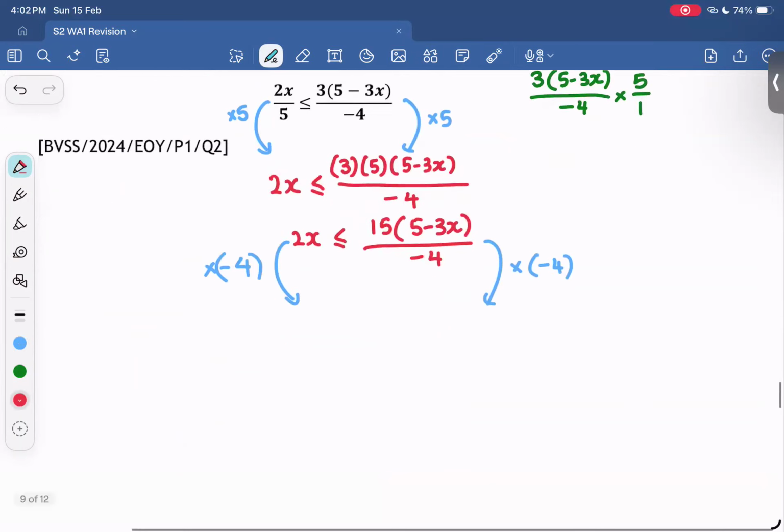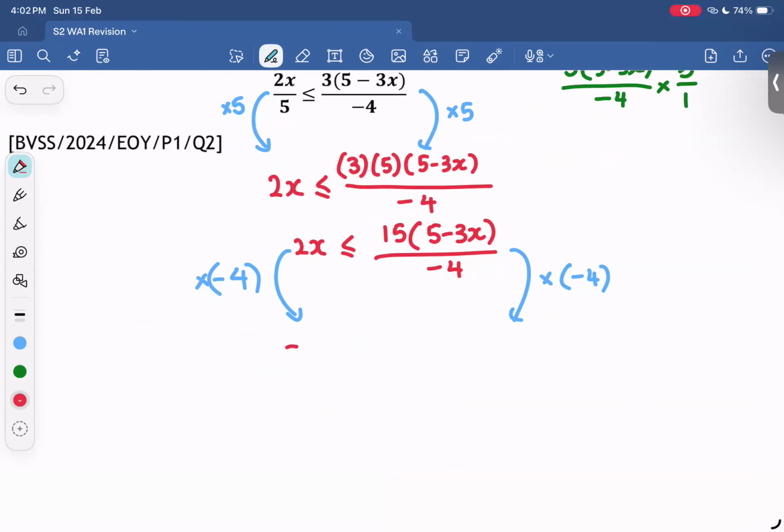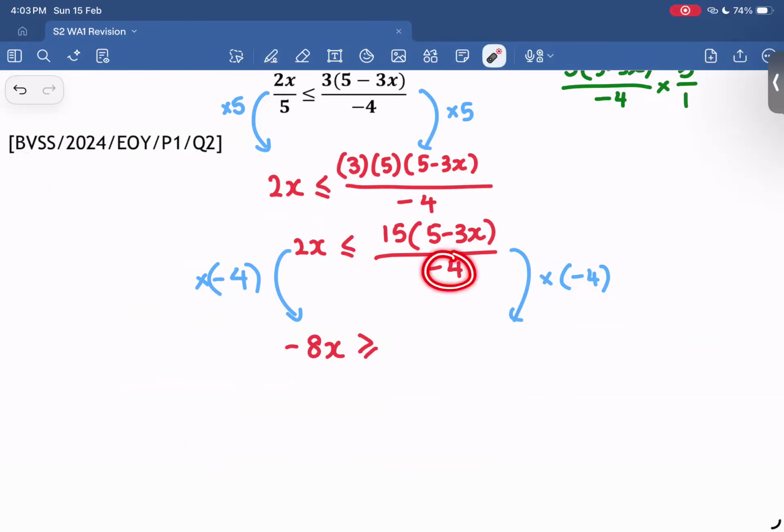Since I'm multiplying with -4, let's take a look. 2x times -4 is -8x. And this is where you guys need to remember. Every time we multiply or divide with a negative number, my inequality will turn upside down, to the other side. Now that it's turned over, I will also times -4 on the left, and I'm just getting rid of the denominator.